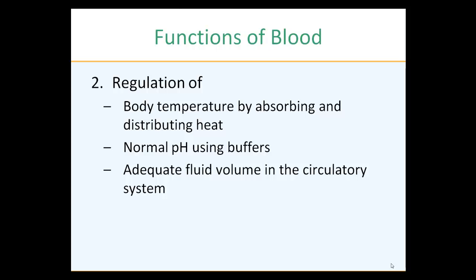But we will talk more about the buffer systems we have in the blood, and the proteins, and how they can also buffer your blood pH later on during this presentation. And it regulates adequate volume, and we will talk about that in another chapter called electrolyte and water balance. You will see how important the blood component, and we're talking about the plasma here, is in maintaining adequate fluid volume.